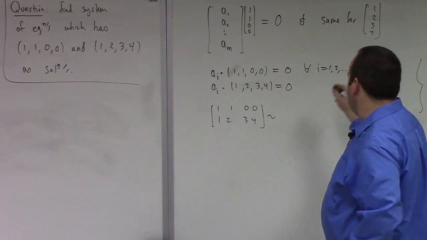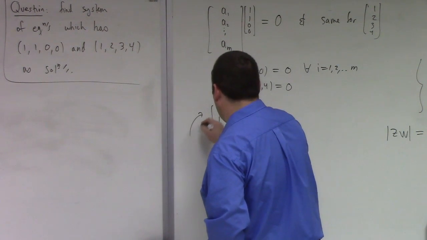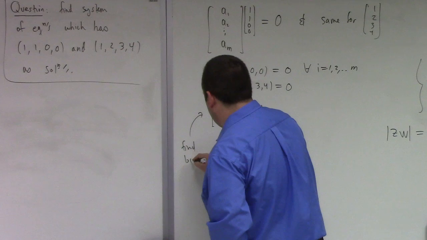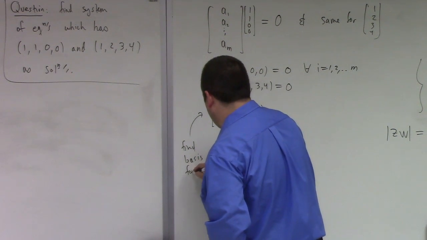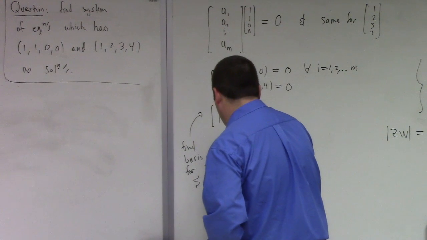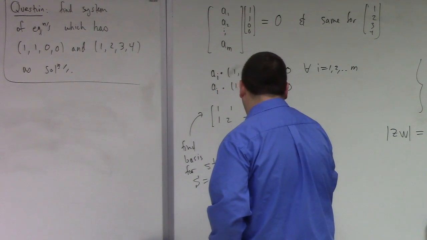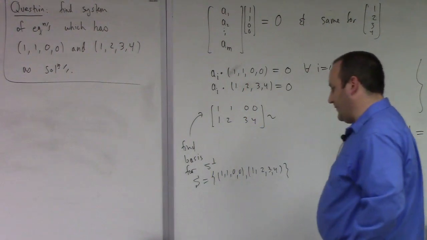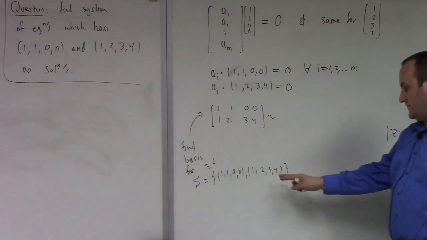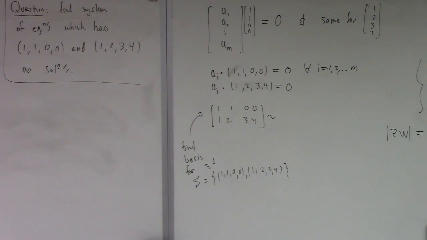In other words, I'm trying to find a basis for S perp, with S equal to this. Remember, we learned that you take those vectors, transpose them, row reduce, and find a basis for the null space of that transpose matrix. And that will be it.